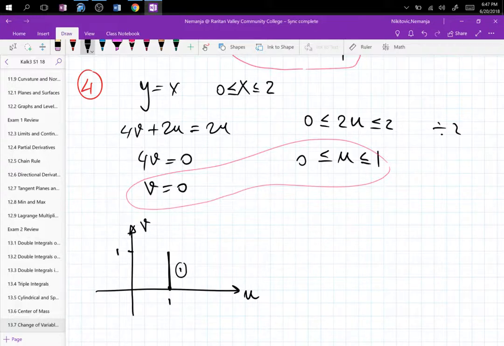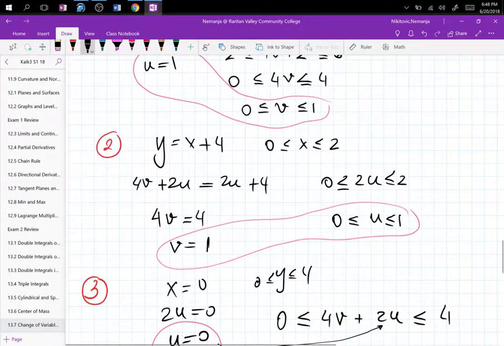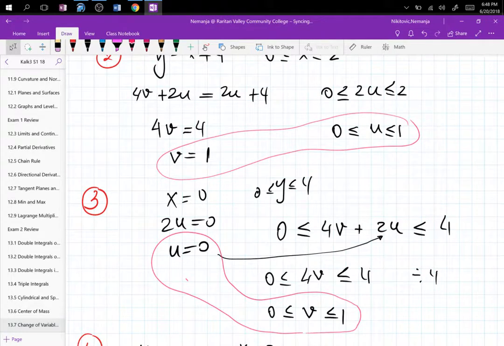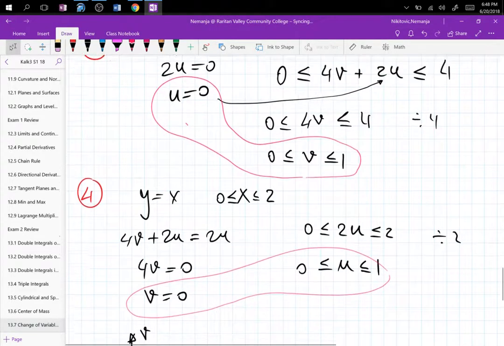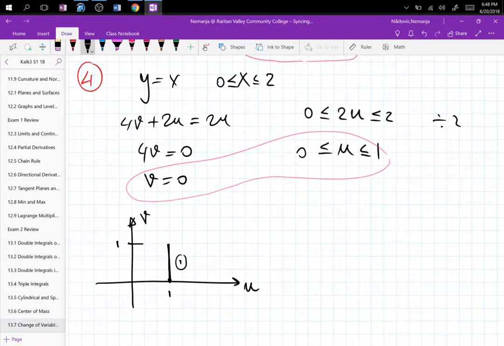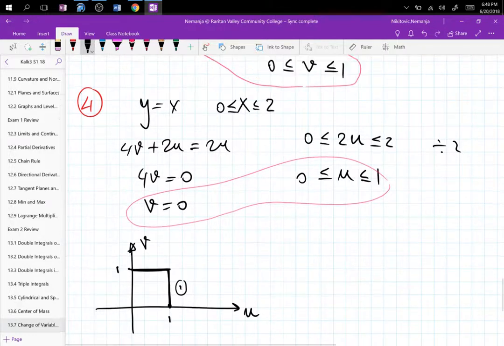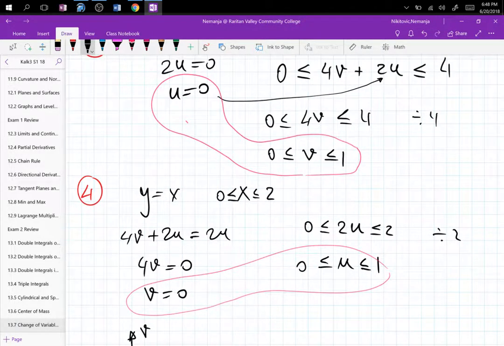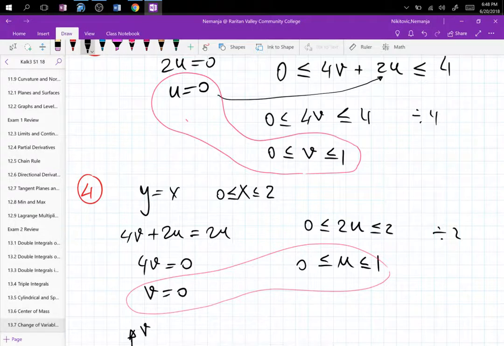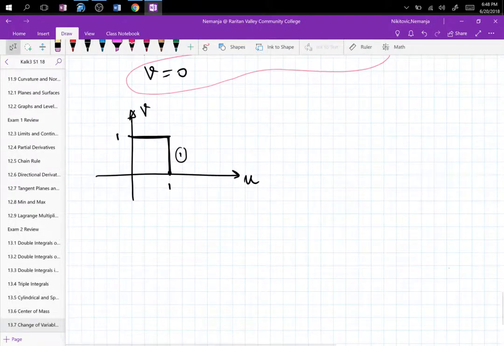So U is like the x-axis. Yes. Then the region number 2, V equals 1, that's a horizontal line that fits there. There we go, perfect. And then V is between 0 and 1, and U is 0. So that's this one.